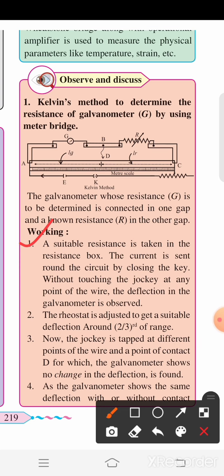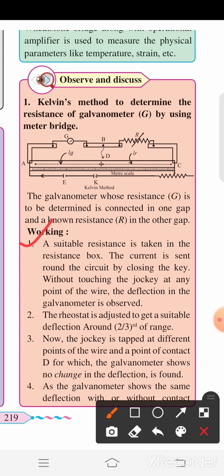First, a suitable resistance is taken in the resistance box and current is sent through the circuit by closing the key K. After that, without touching the jockey, at any point of wire AC, we see the deflection in the galvanometer and note it down, that is the deflection before touching the jockey at any one point of wire AC.